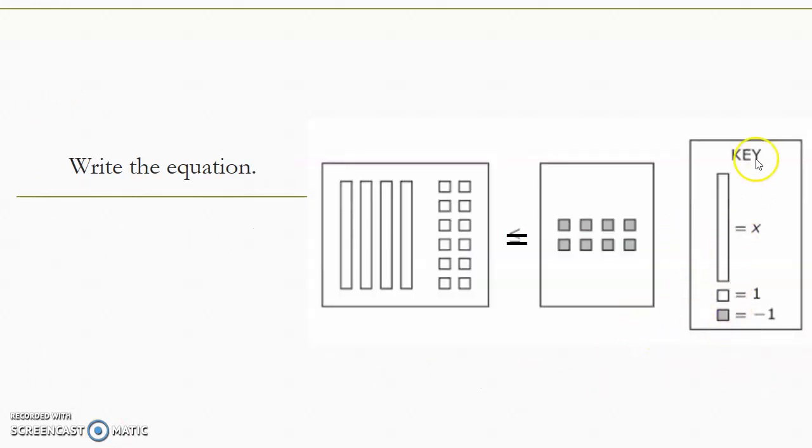Okay, let's look at the next one. So here's a model. This time we have a key. Notice it's showing us what our positive x's are, and it's showing us that we should have some negative units. The difference here is they've shown us negative by shading it in. So all of these are x's. How many do we have? We have 4 x's. How many units do we have?